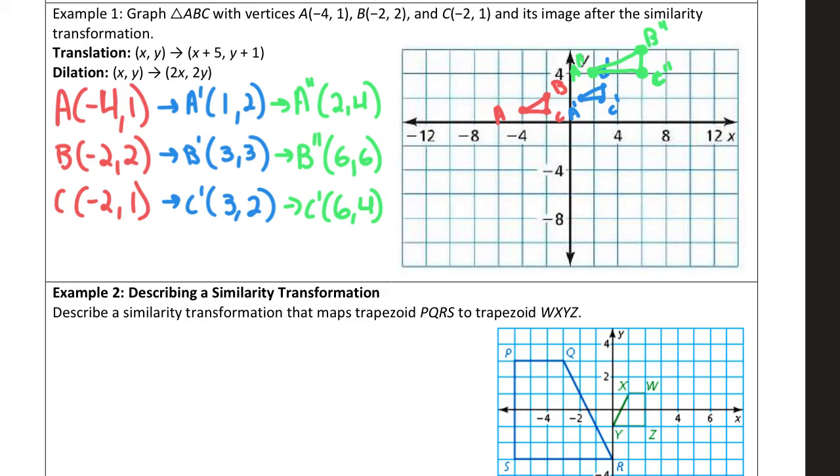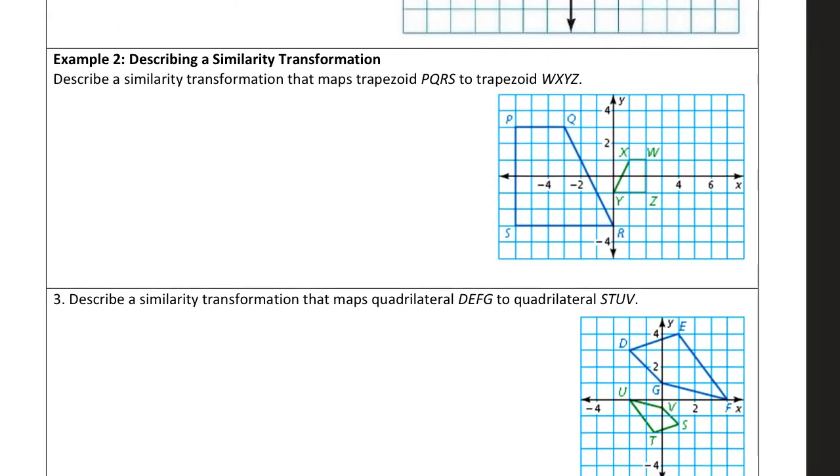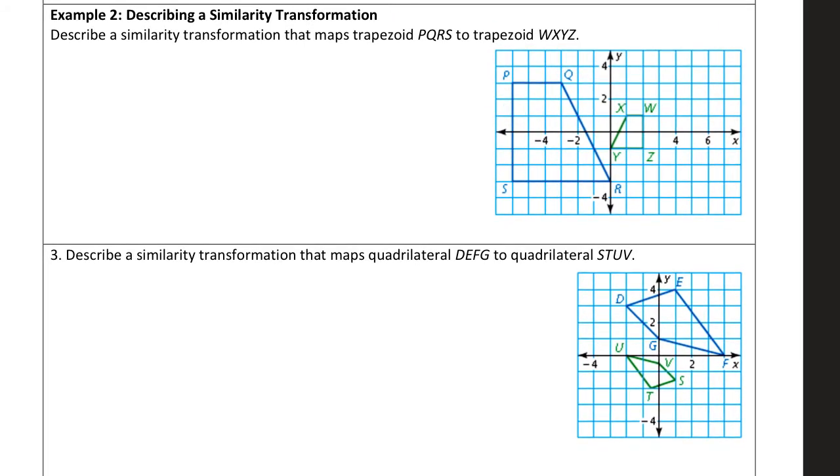Okay? So, in the next one, we're mapping PQRS, the big shape, to the small shape. A couple things happened here. What I'm going to do to figure this out is write out the points of P, Q, R, and S. P was -6, 3.